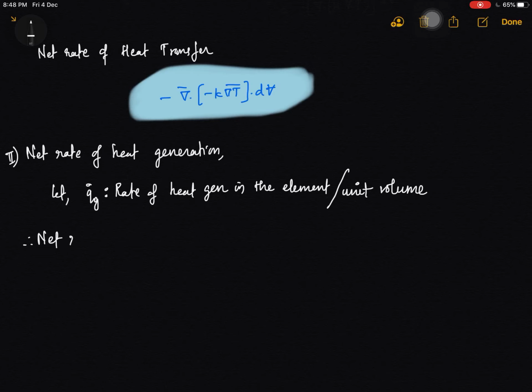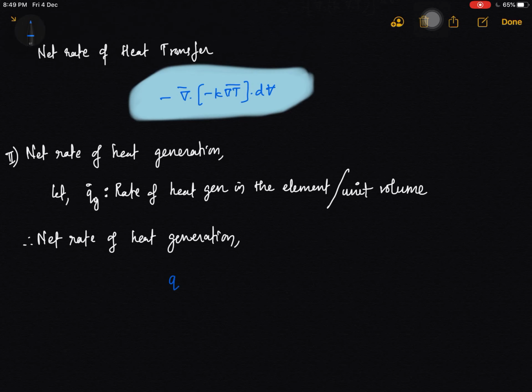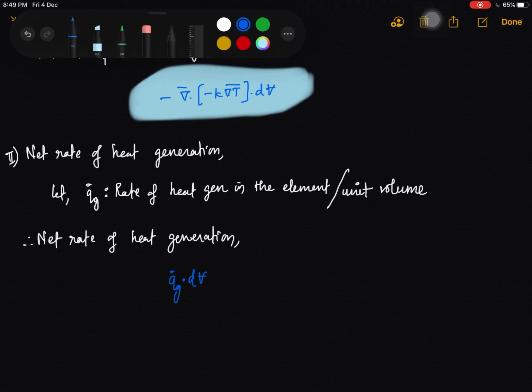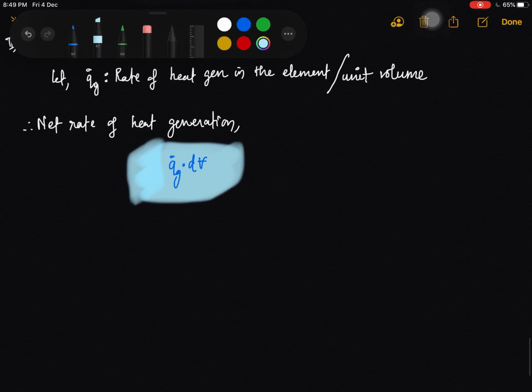Therefore, the net rate of heat generation can be written as q dot g into dv, where dv is the volume of the particular element. So this is the net rate of heat generation.